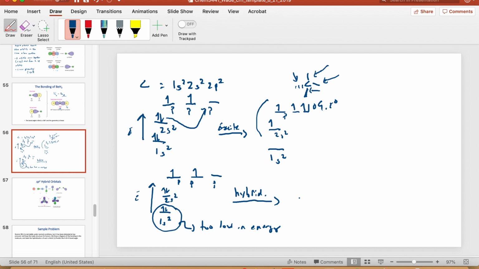And now we have, in the case of carbon here, 4 equivalent sp3 orbitals. And each one contains 1 electron, which now allows for something else to donate 1 electron, which gives us 4 equivalent bonds.